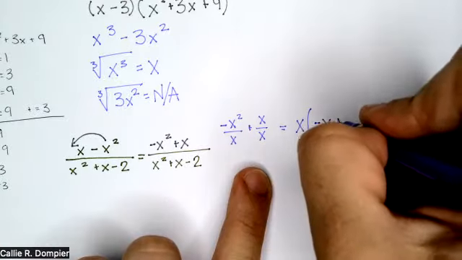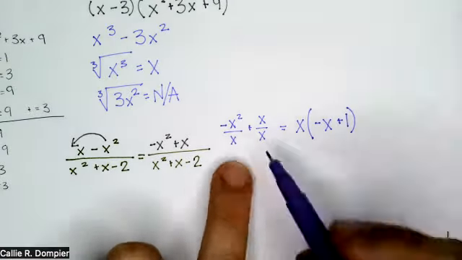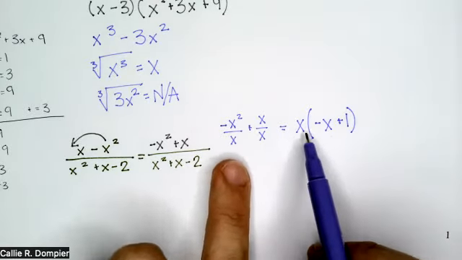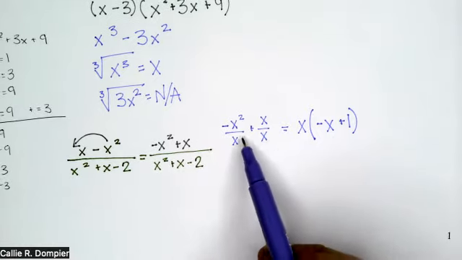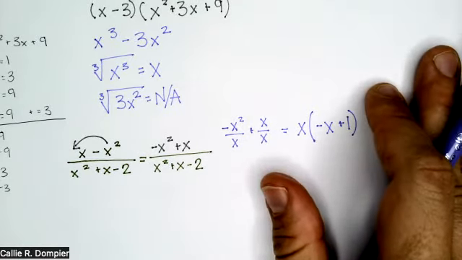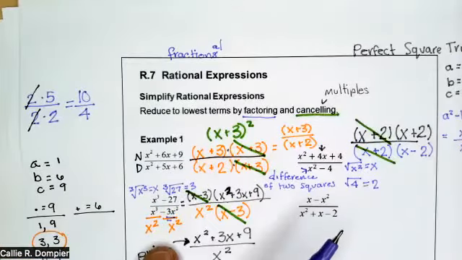X divided by x is a positive 1. So whatever is common to both of them, whatever I can divide them both by, I put out front. I know that looks scary because I just made a bunch of fractions, but I just wanted to represent that I was dividing it. Just like up here, we divided by x squared.